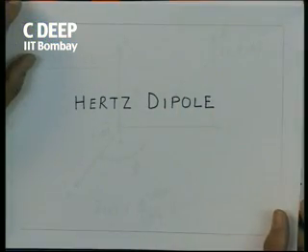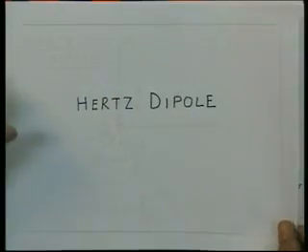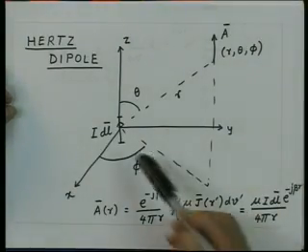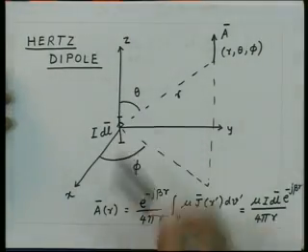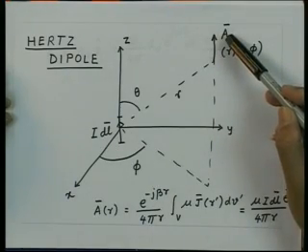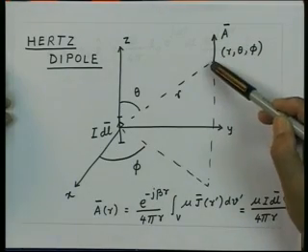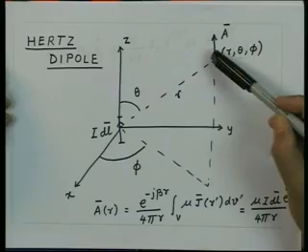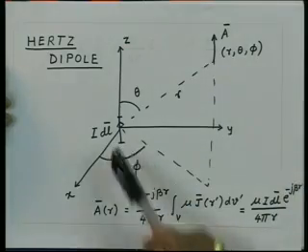So, we had this Hertz dipole, which is nothing but a small current element, and from there we got the magnetic vector potential. We considered a coordinate system and the Hertz dipole is oriented in the z direction, and from there we found that the magnetic vector potential at any point in space will be oriented in the same direction as the current element.